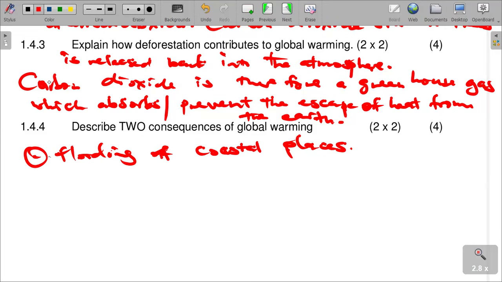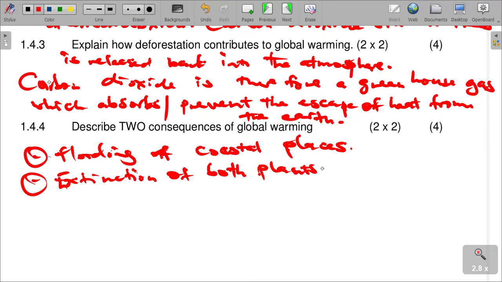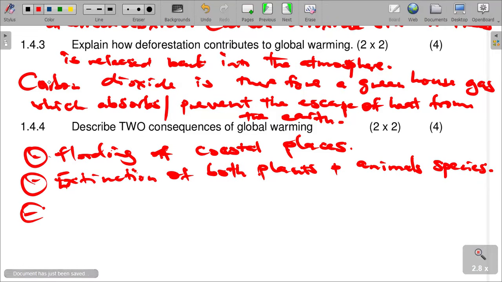We can talk about extinction of both plants and animals. Some animal and plant species can finish because of global warming. They die because the temperatures might be too much, and certain plants and animals cannot survive them.